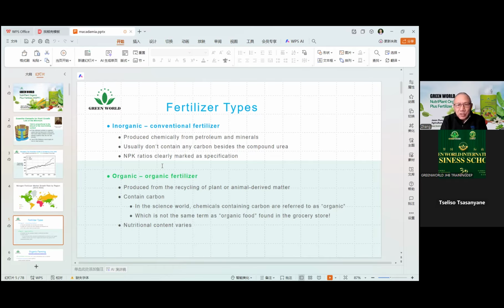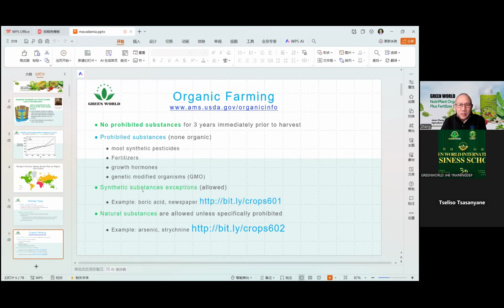So our fertilizer is totally organic fertilizer, and other organic fertilizers include compost and animal manure. These are all organic fertilizers.